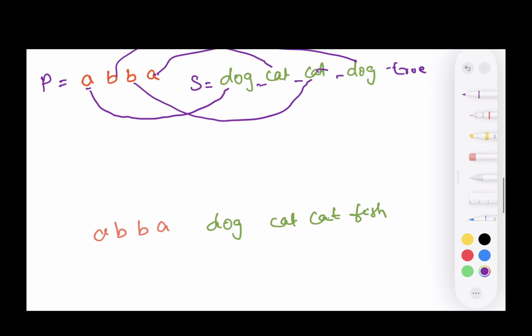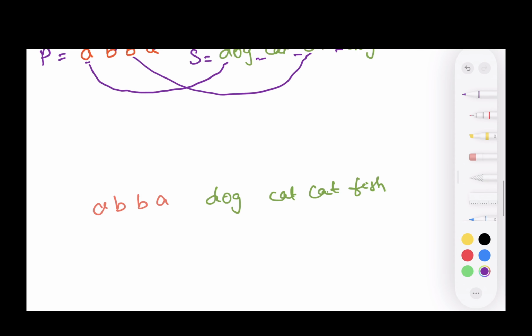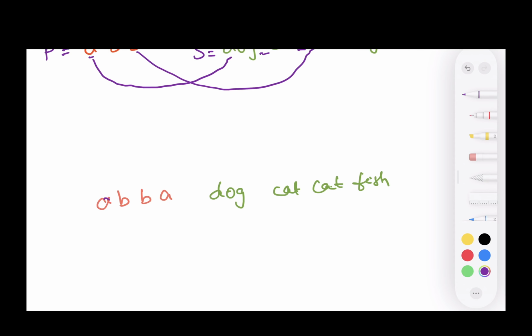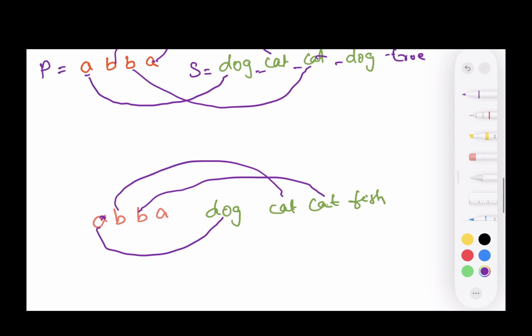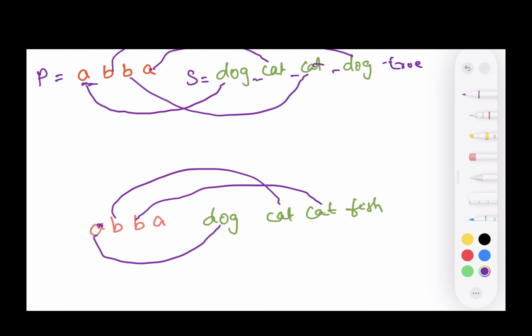Cool. What about another case where we should return false? As you can see, a is pointing to dog, and b is pointing to cat. Again b should be pointing to cat, we have it. Also we need to make sure the length of the pattern and the words in the string, if you separate it by space, should be the same.